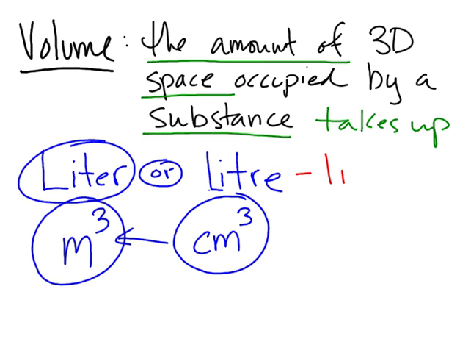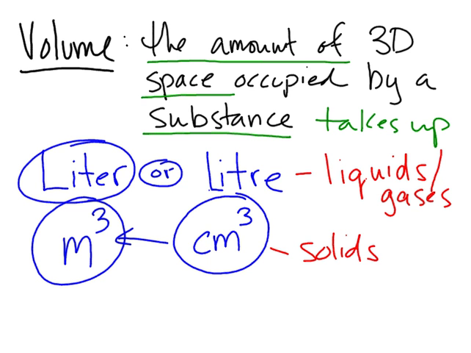I'll use these with the liquids, okay, and the gases. So liquids and gases, I'll more likely use liter. But when it comes to solids, I'll use cubic centimeter. Okay, and I'll go ahead and show you why.